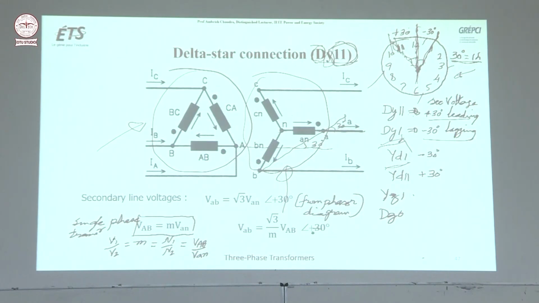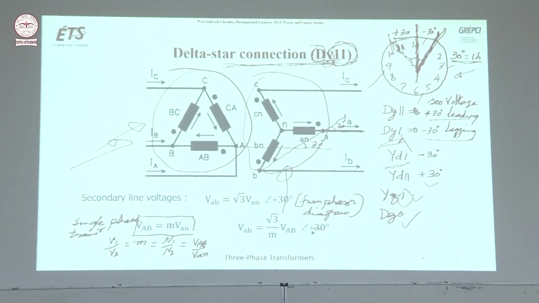One is the lagging here, right? This is the reference, this is the one. YD11 is 30 degrees leading. Then you may have YZ1, that is primary star connected, secondary zigzag, and 1 means 30 degrees lagging. DZ0. So these things are there. Giving you the basic idea, suppose this transformer is delta star connection, DY11 here.